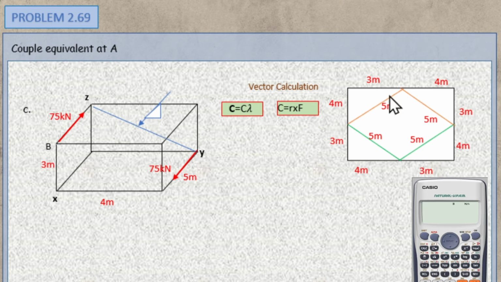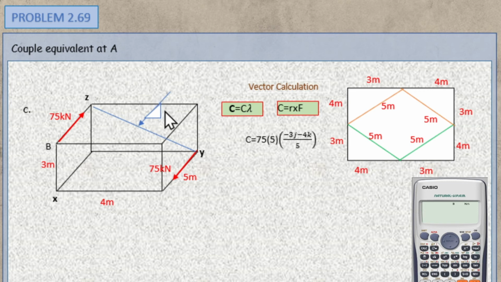So applying the formula, we have force 75, we have R, so our R will be the distance here, which is 5, and our Y, which is J, is this one. What is the distance of that one? It will be 3, so it will be negative 3J because it is going in its negative direction. And then this one is 4, negative 4, since this one is going in the negative Z direction.